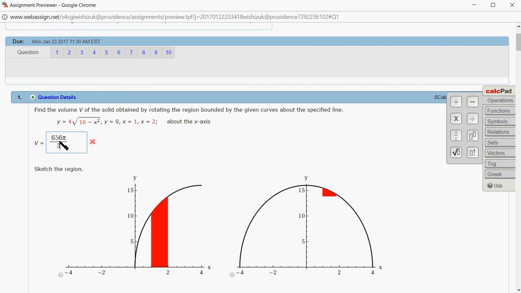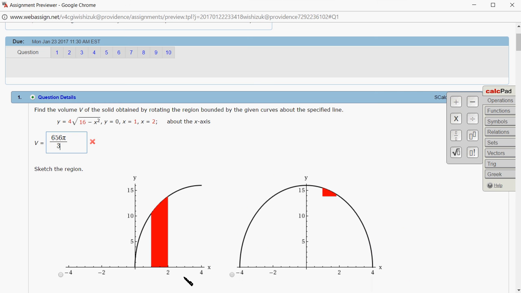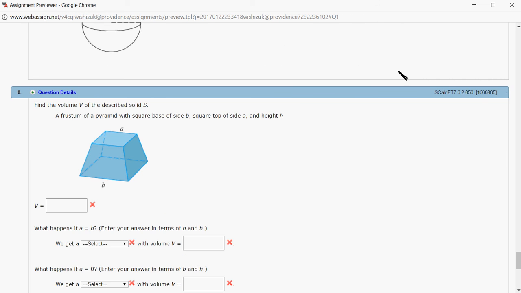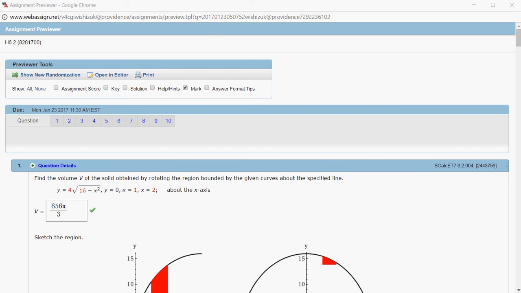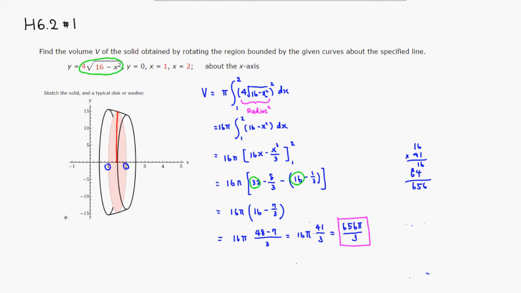Is that right? Yep. All right, let's double check, and I'm going to just submit for testing. I came back and it looks like we got this one correct. That's it. I hope that this was clear.